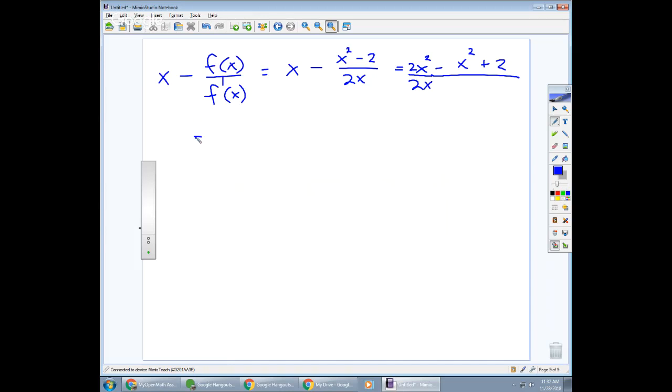So what does that give us? 2x squared minus x squared is x squared. 2x squared minus 1x squared gives you 1x squared, right?